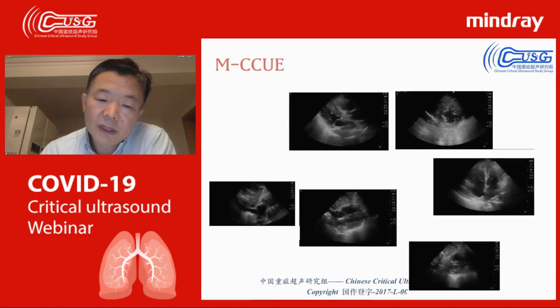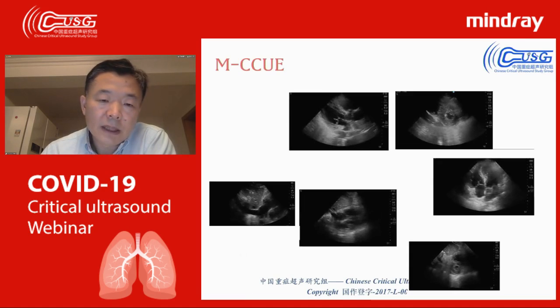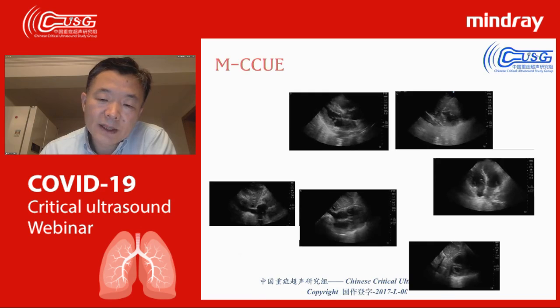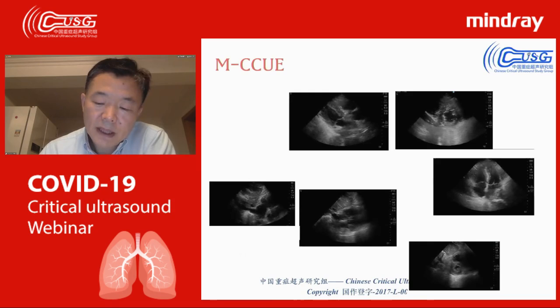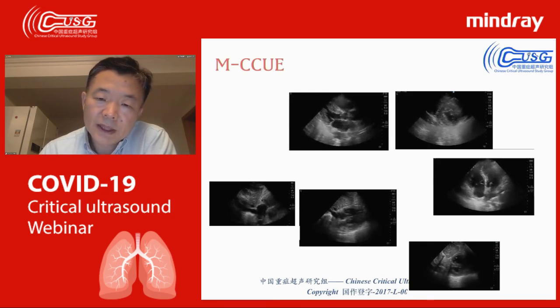During this time we have to think that maybe it's because of the very high ventilator settings and the very severe pulmonary condition.